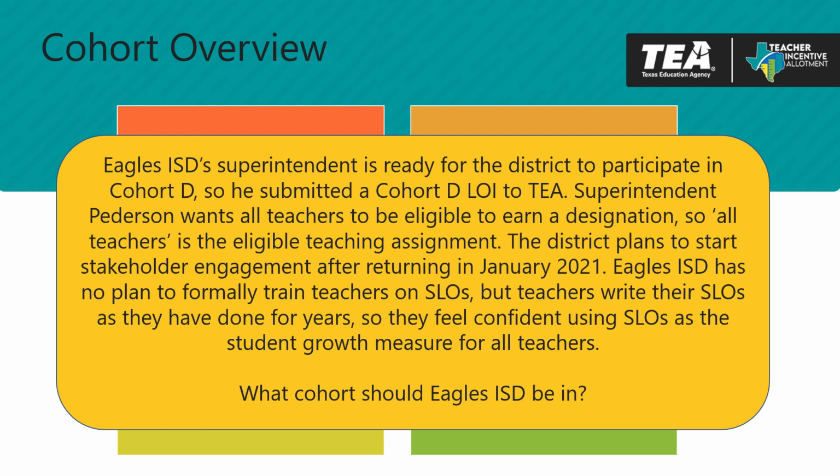Of course, there are some times where adjustments need to be made, such as with Cohort D. We also know that teachers should receive training on their student growth measure, and that all eligible teaching assignments must have a valid and reliable student growth measure.